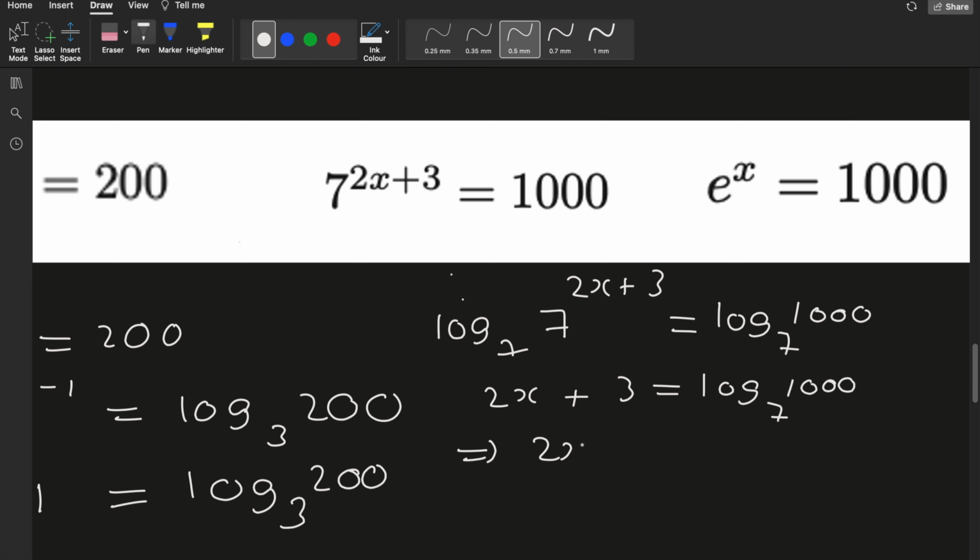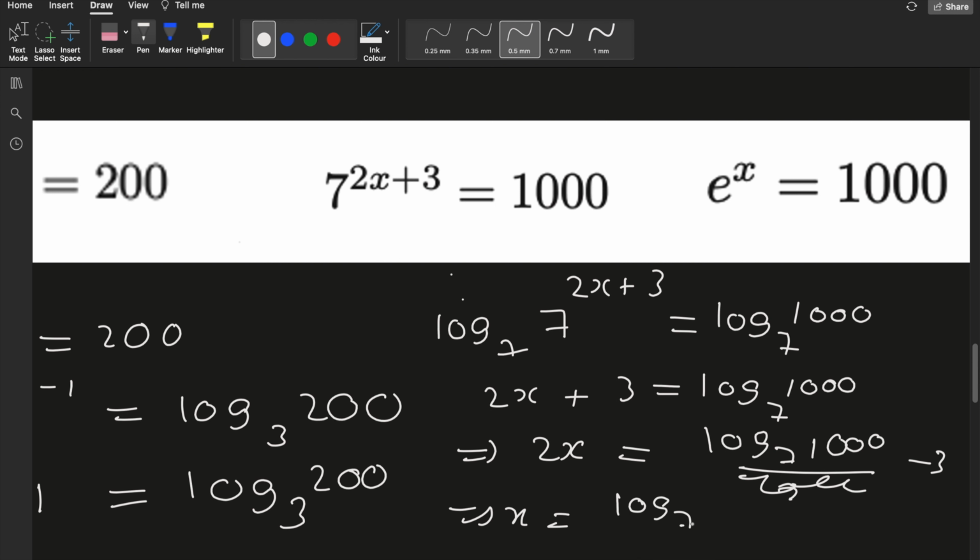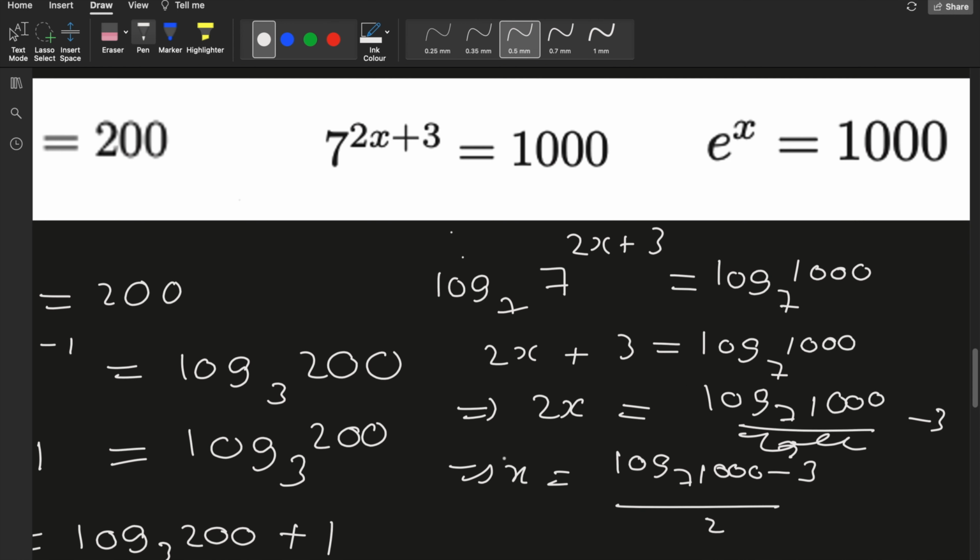On rearranging, we get this value. So the value of x would be 0.275 to 3 decimal places.